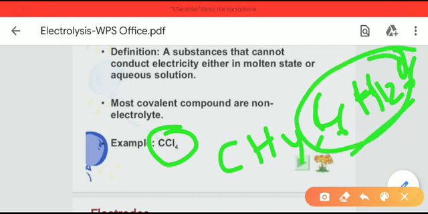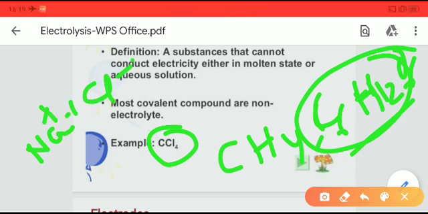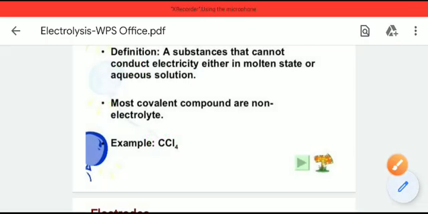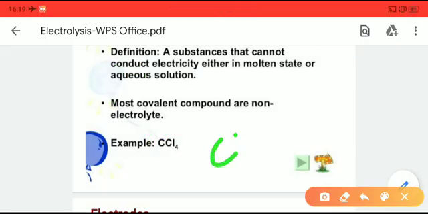These non-electrolytes will not ionize into their constituent ions. Like NaCl, when treated with water, gives a solution of Na+ and Cl-. But CH4 does not give C4- and 4H+.